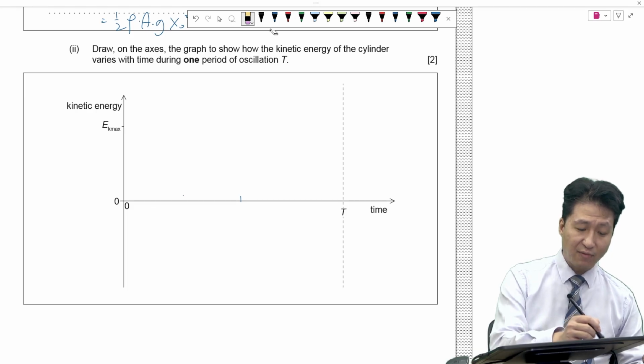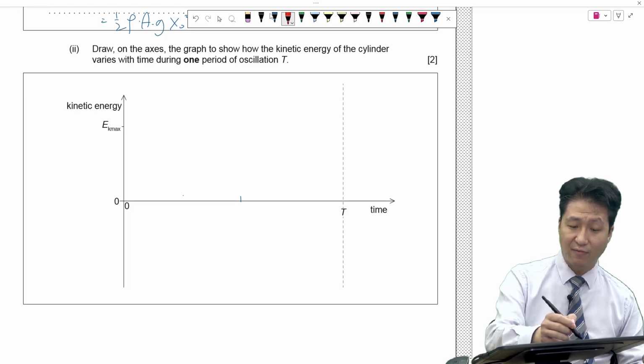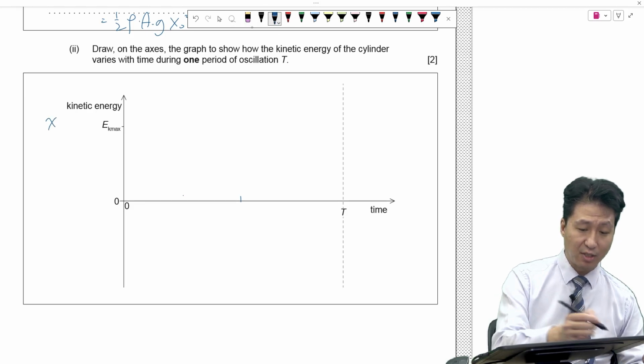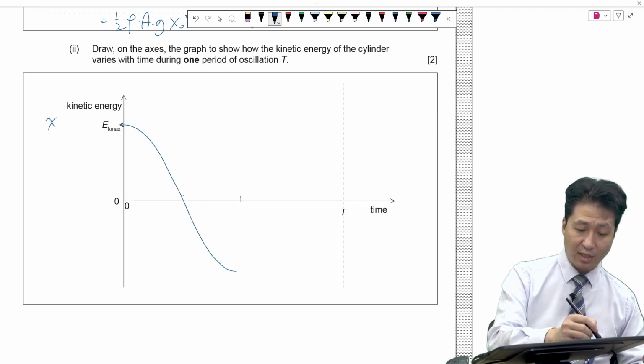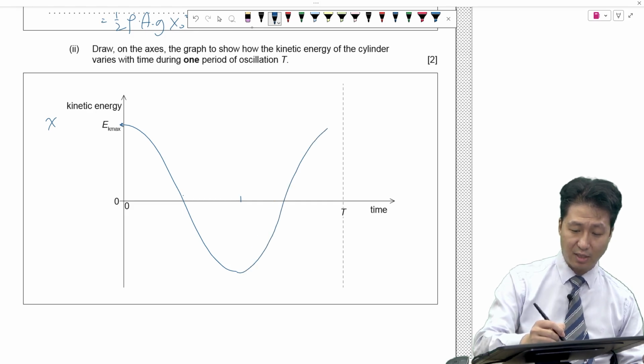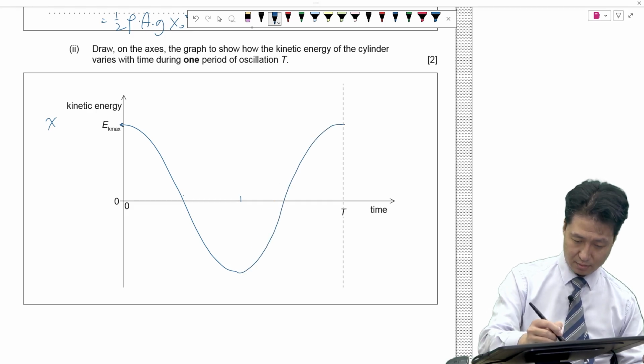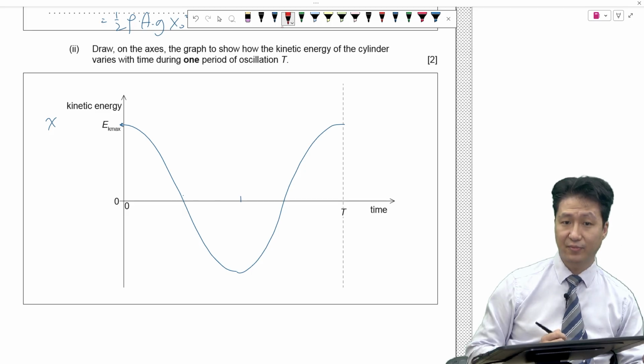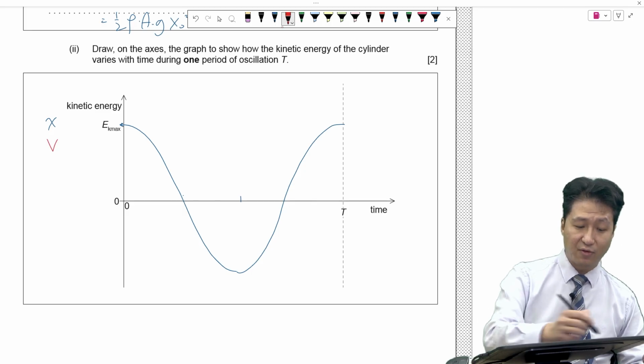Before we draw the graph for kinetic energy, I'd like to draw the graph for the displacement. I'll draw the graph in blue, and it starts at the maximum displacement. In half the period, it goes down to the other side and comes back up in a sinusoidal graph. What about the graph for velocity?